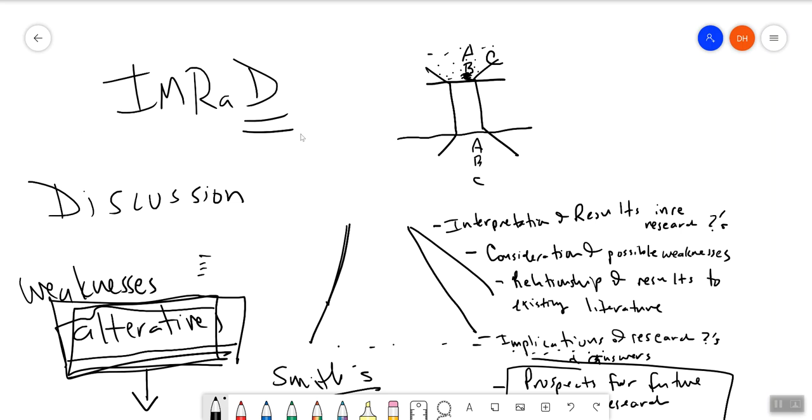Now, you're going to use this model for a couple other assignments coming up in the course to analyze and critique other articles in your field, other articles and essays. This is a way of kind of reverse engineering it so that you know how this model works by applying it. I want you to try using this model in future papers as you write them.